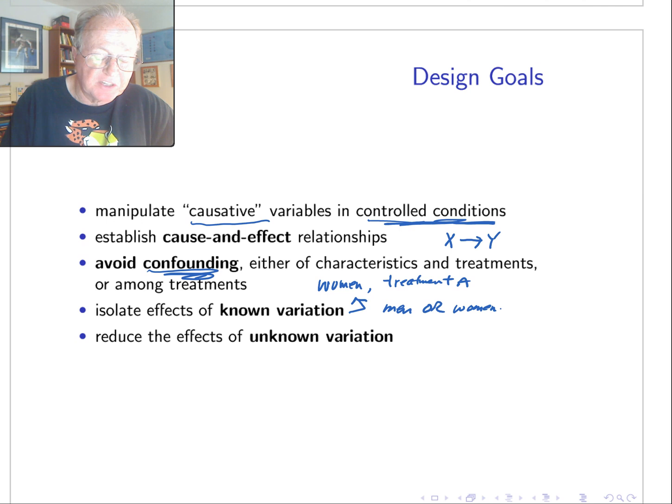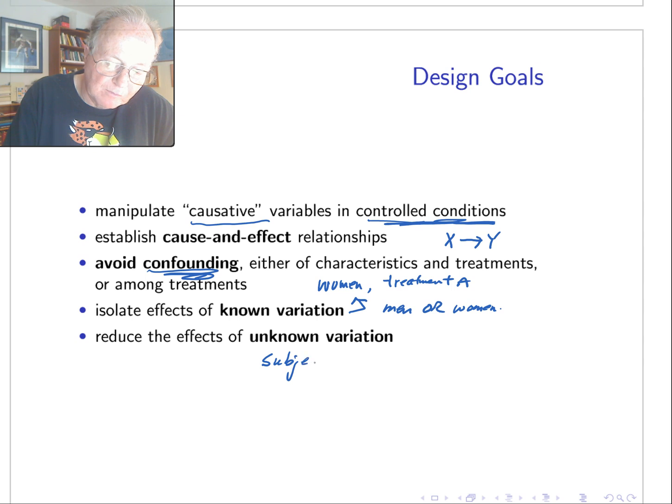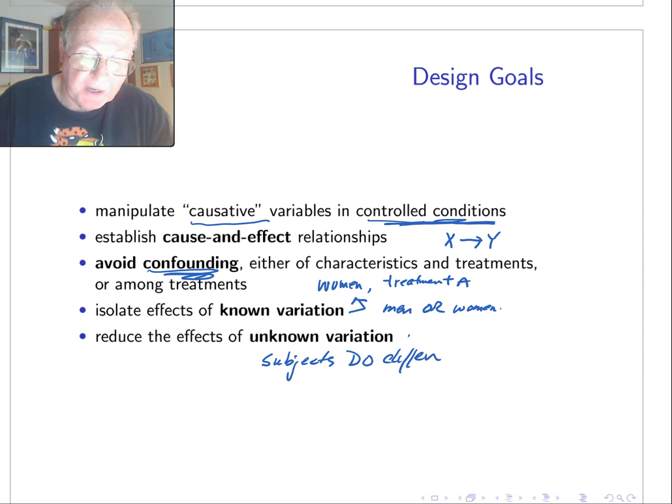And finally, I'd like to reduce the effects of unknown variation, because subjects do differ. And so I'd like to have those differences spread out across all my treatments and not bunched up into one of them.